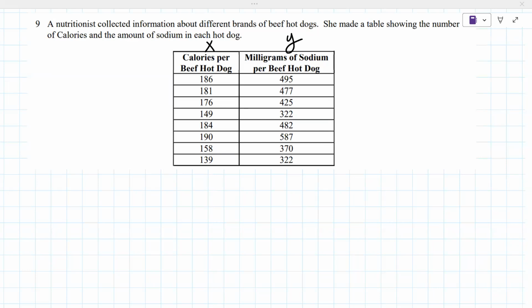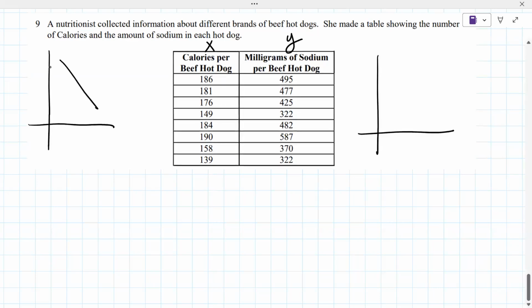Okay. All right, so let me give you two options here. Does your graph look like this on the left or this on the right, roughly? On the right. Yeah. So the idea here is that as the calories increase, the sodium in the hot dog also increases.